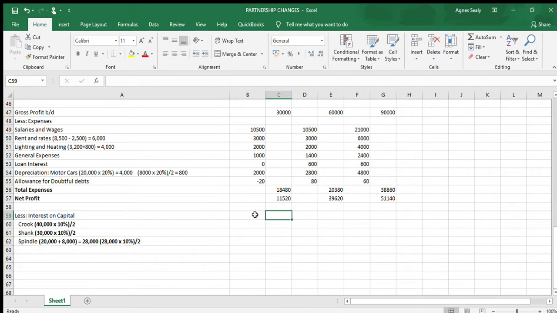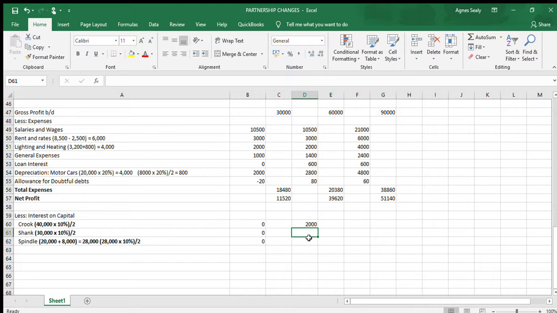So we are seeing that there was no interest on capital for this period here, but then here there was interest on capital. $40,000 times 0.1, which is 10%, divided by 2. So his interest on capital is $2,000.